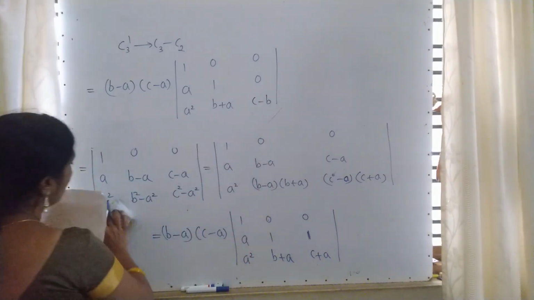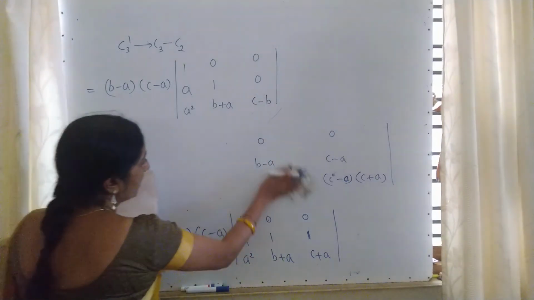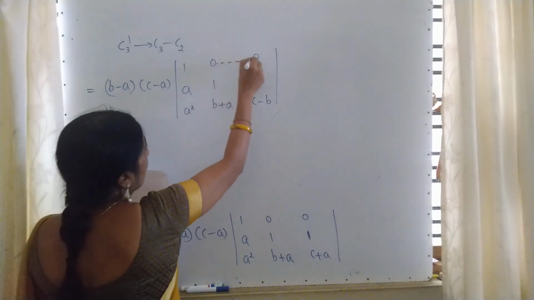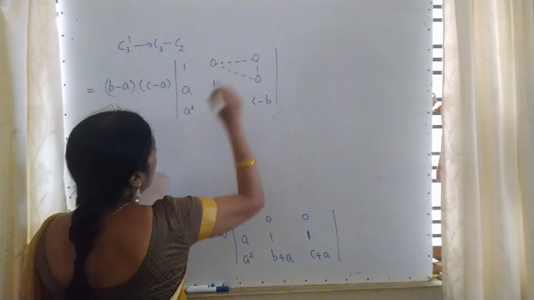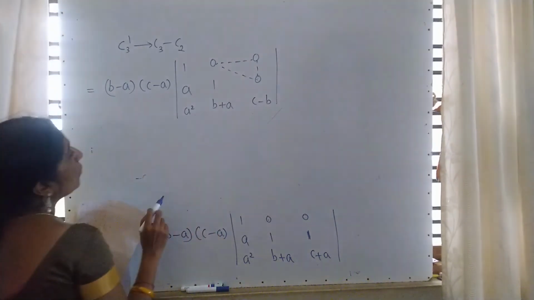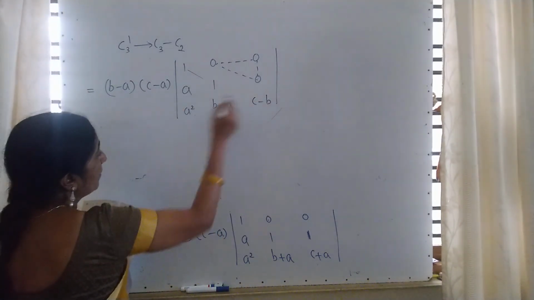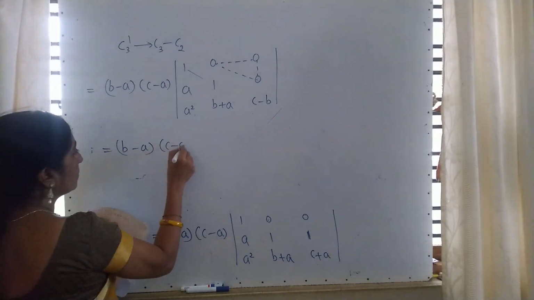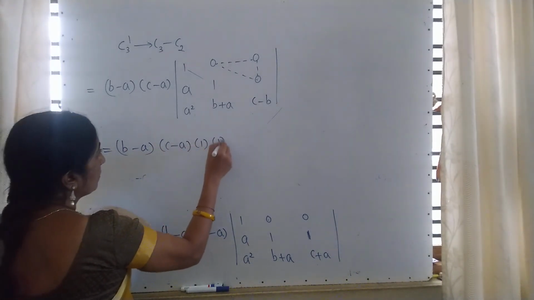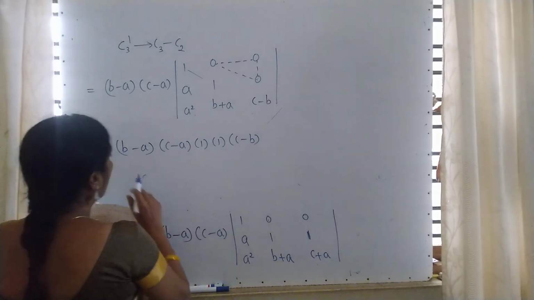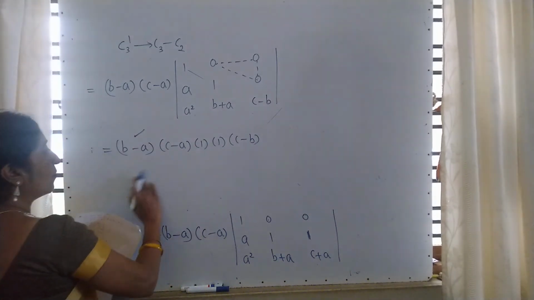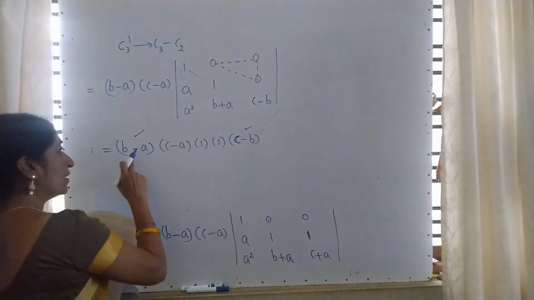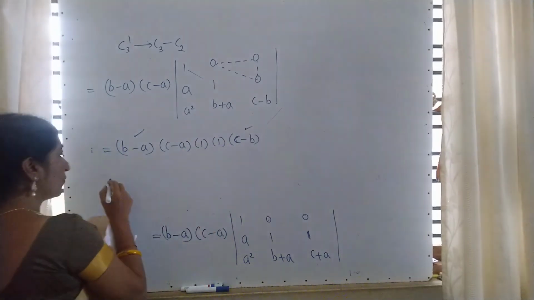Now students, do you have a pencil or what? With that pencil mark this, join these zeros. Are they in the form of a triangle or what? Now what are you doing? We are multiplying the elements in the principal diagonal. And we required A minus B, that means minus common. Then we required B minus C, here also minus common. This minus and this minus becomes plus.